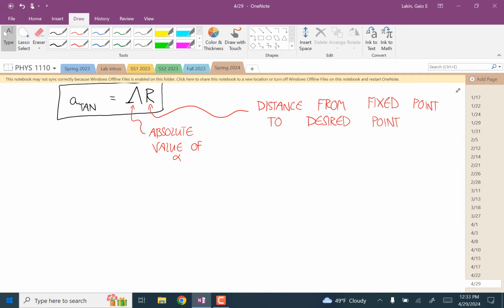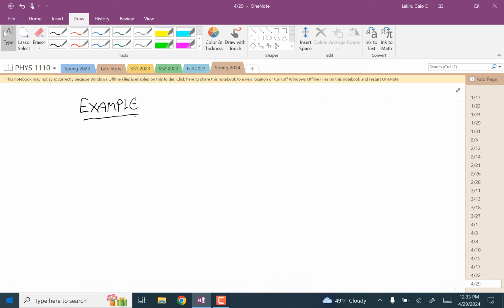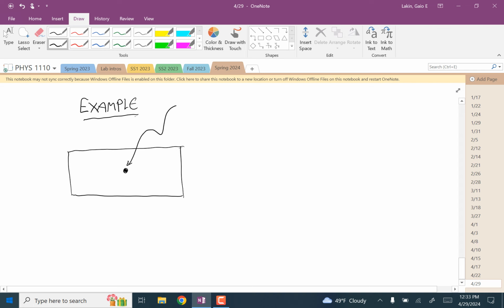Okay, let's do another example. So let's say you have this body and the fixed point is right in the middle.